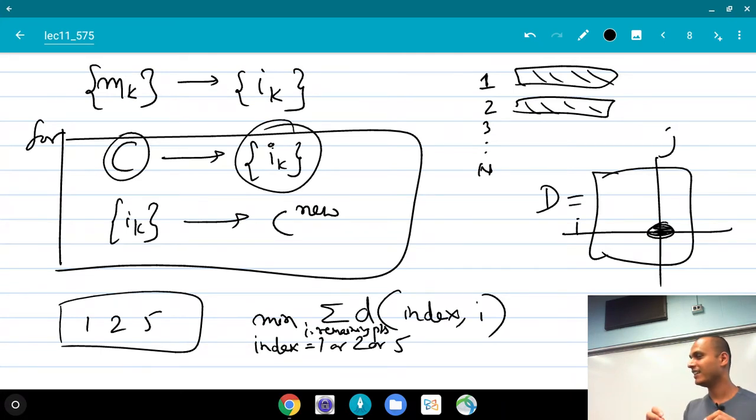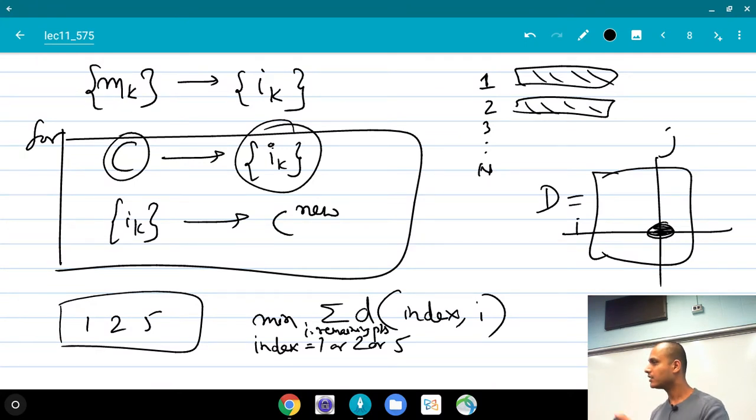You can pick K random p-dimensional vectors, and they could be your M_Ks, and then you assign points, and you get K clusters, and then you get new M_Ks, new clusters. These are iterative algorithms, solving a tough problem, so they may not get to the global optima. I have not even defined the global optima in this version, but they will not get to it.